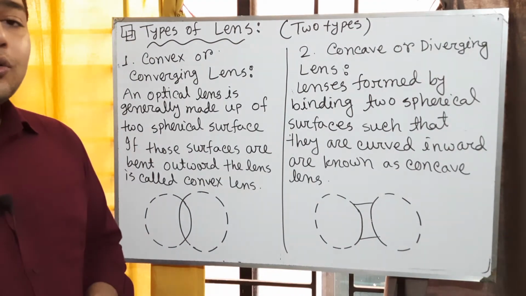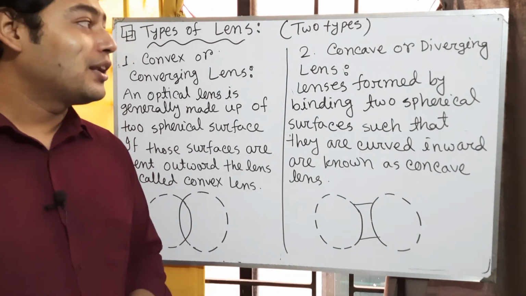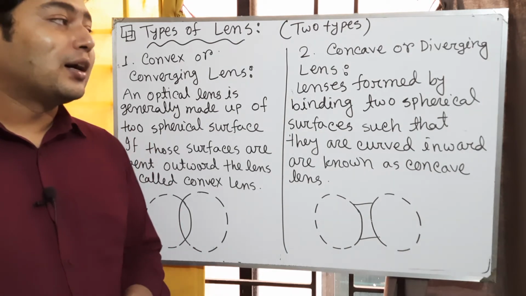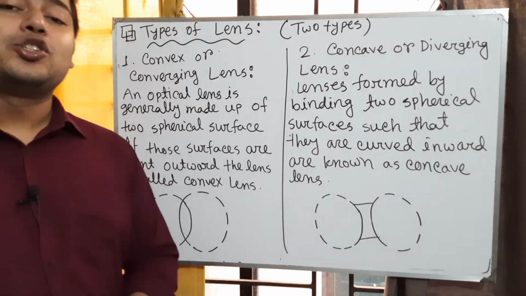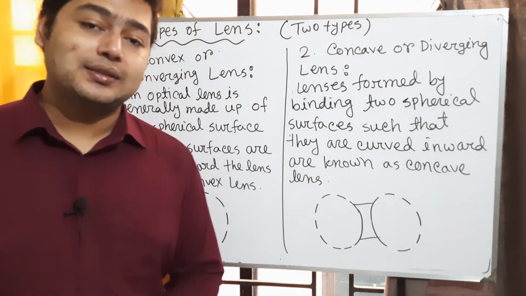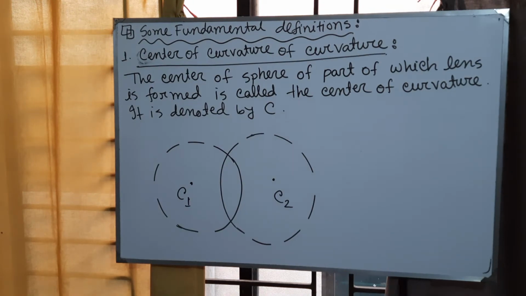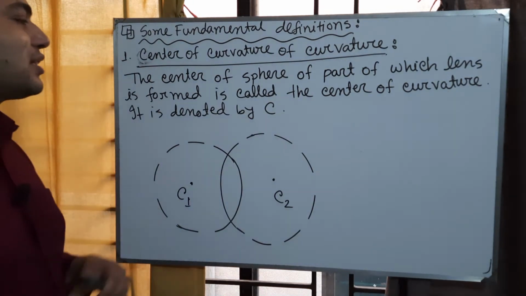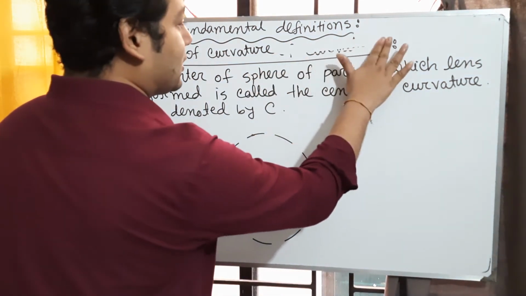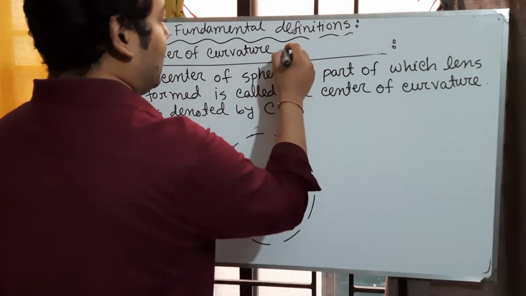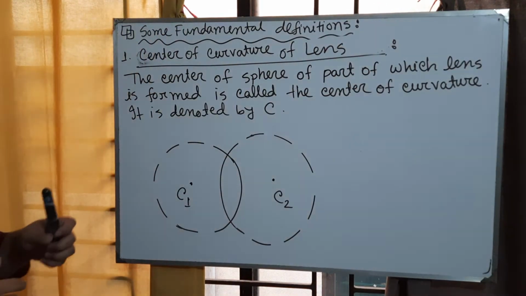Now we will discuss some important or fundamental definitions for studying ray diagrams using these two types of lens. Our first definition is the center of curvature of a lens.